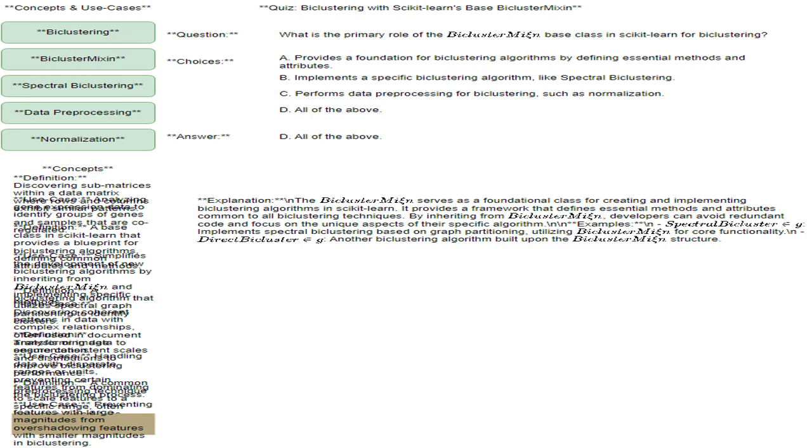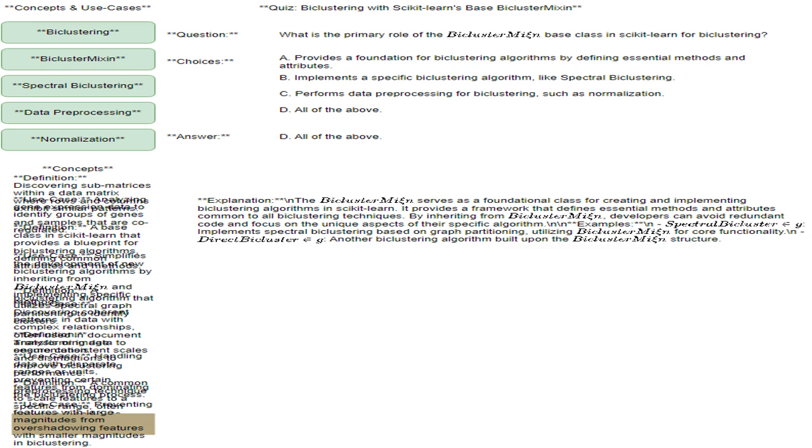The bicluster mixin serves as a foundational class for creating and implementing biclustering algorithms in scikit-learn. It provides a framework that defines essential methods and attributes common to all biclustering techniques. By inheriting from bicluster mixin, developers can avoid redundant code and focus on the unique aspects of their specific algorithm.